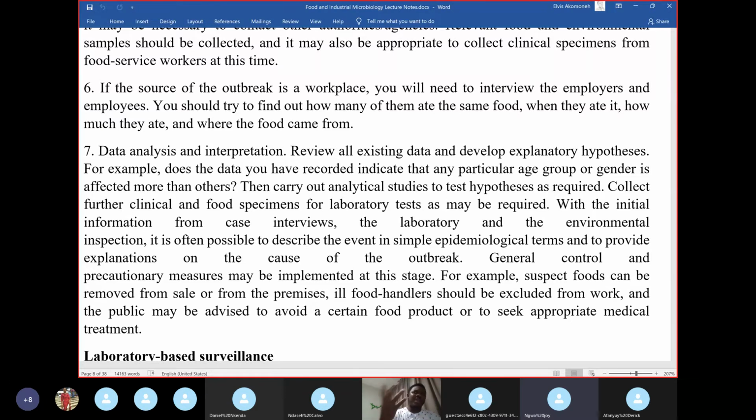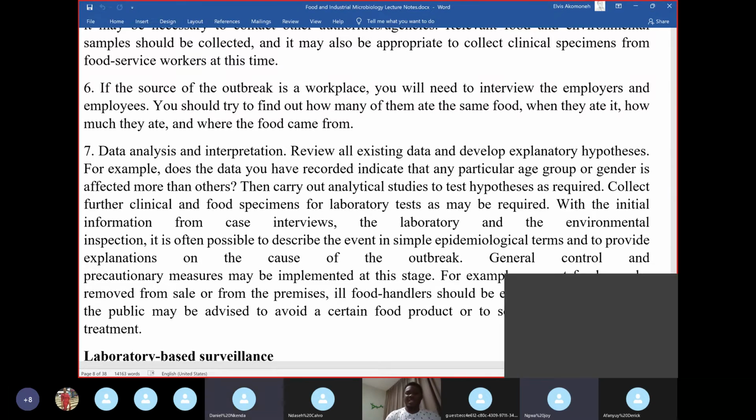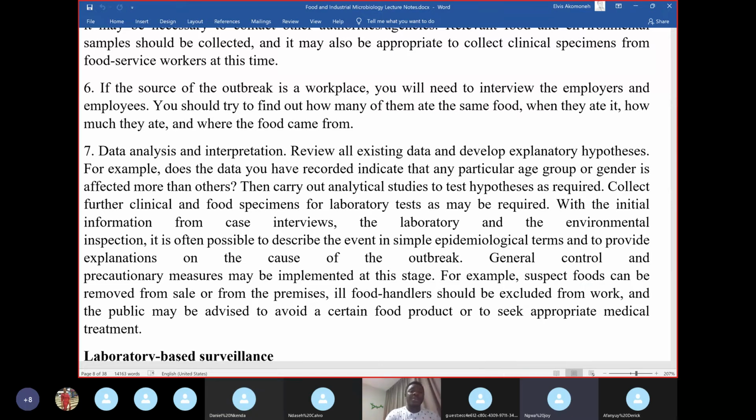We have a questionnaire, we've collected samples, and we are able to confirm a particular pathogen in that sample. But it is not enough for us to formulate a policy. So we need to do what we call formulation of a hypothesis and testing the hypothesis.